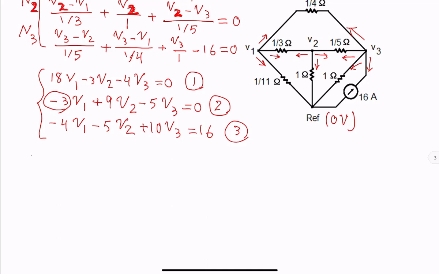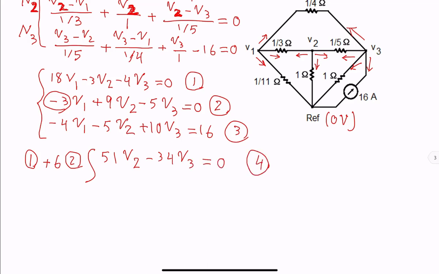So get equation 1 and add to it 6 times both sides of equation 2. That gives us 51V2 minus 34V3 equal to 0. Call this equation 4.